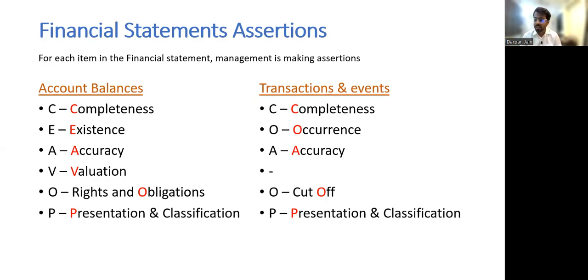When can you list something down as your asset? When you have ownership rights over that asset. When can you account for a land or a building or a plant and machinery in your balance sheet? When you're the owner of that land, when you have ownership rights over that. Then only.